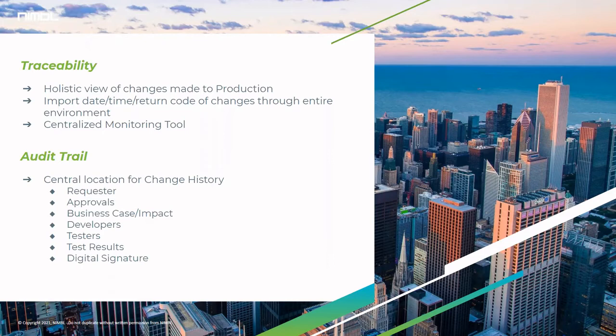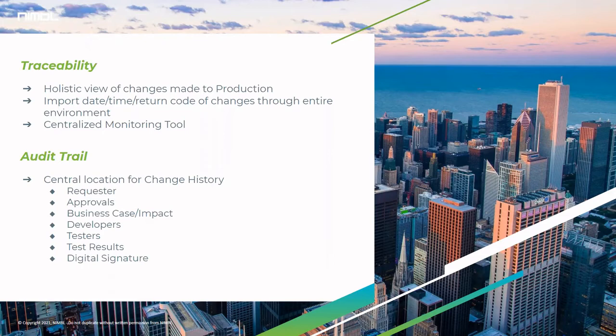So for each change that is made or requested, excuse me, we have a centralized location, what's called a CHARM document, where you can view who the requester was, who has made the approval on this change, what the business case or the impact has been defined, excuse me, for this change, what developers are associated to it, the testers.